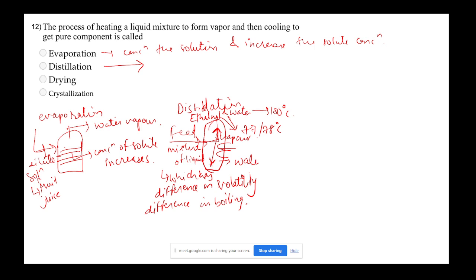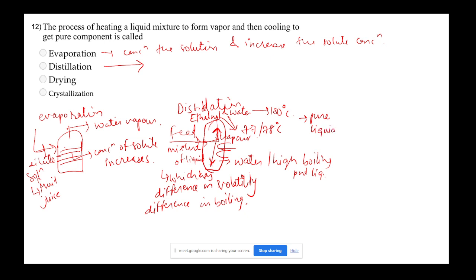So you will get water, or the high boiling liquid, at the bottom and the low boiling liquid at the top. By this way there will be a certain equilibrium in the column, and based on the height you provide, you convert the mixture into pure liquids.